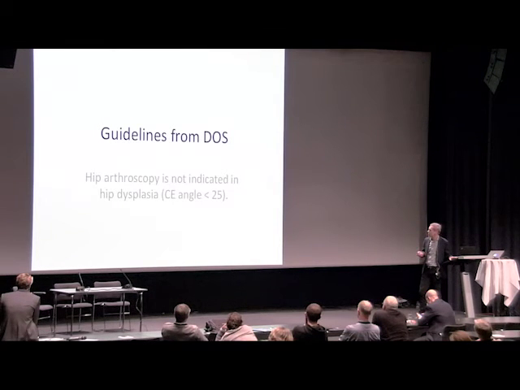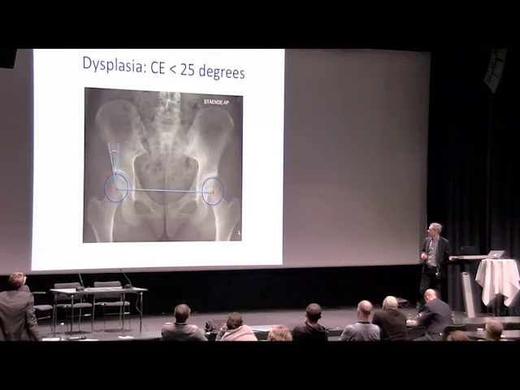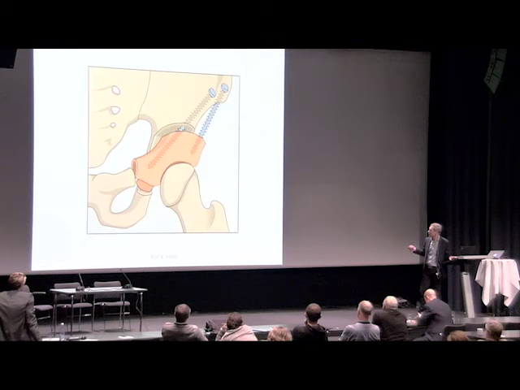We just had a seminar at the Danish Orthopedic Society half a year ago, and we are now writing up guidelines about dysplasia, and it was concluded that hip arthroscopy is not indicated in hip dysplasia. That means C-angle less than 25. Instead, the patients should be referred to a center where this operation can be performed. If the patient still has problems with the labrum, arthroscopy can be indicated.